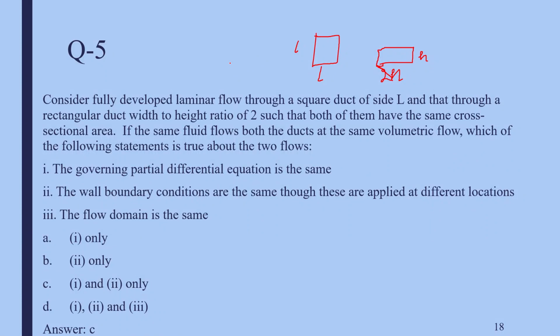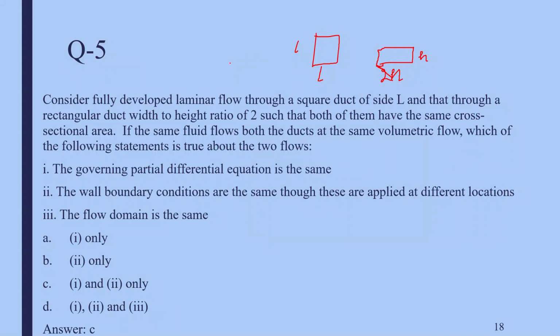So in both the ducts we have a fully developed laminar flow, through a square duct which has side L, and a rectangular duct whose width to height ratio is 2, and both of them have the same cross-sectional area. If the same fluid, say water, is flowing in one duct, water is again flowing in the other duct, and if it is 1 meter cube per second in one duct, in the other duct also the flow rate is 1 meter cube per second.